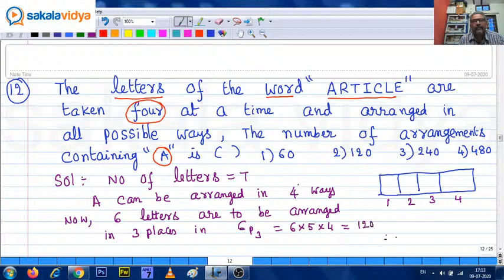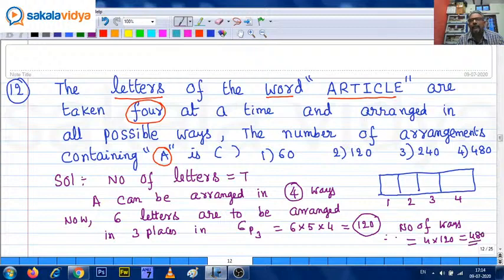The first work has been done in 4 ways, the second work in 120 ways. The number of ways is 4 into 120, that is 480. So the fourth option is the right option.